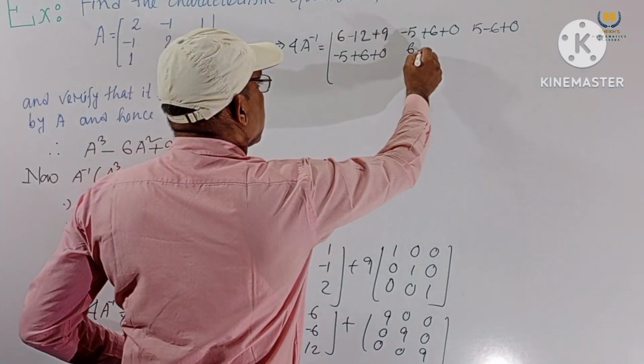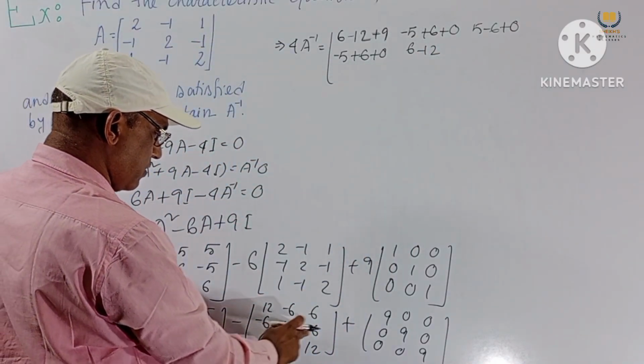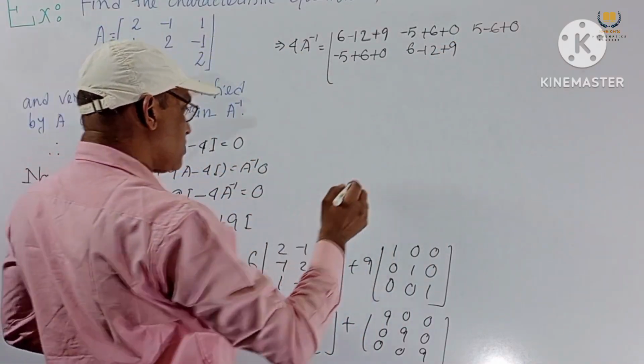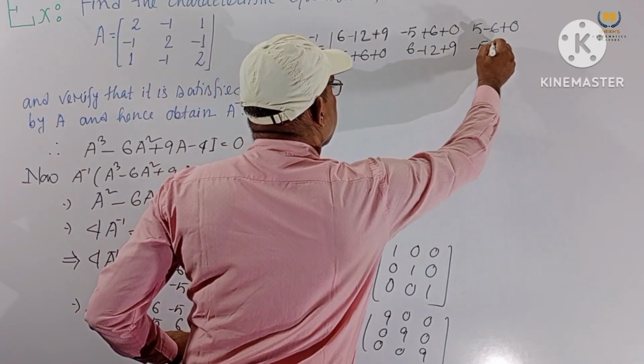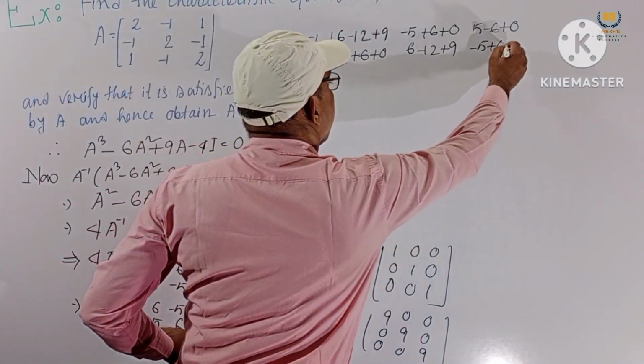6 minus 12 plus 9, and this is minus 5 plus 6, minus minus plus 6 plus 0.